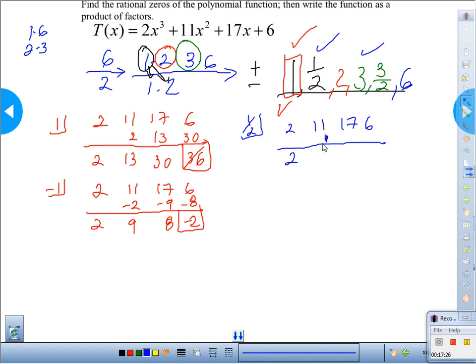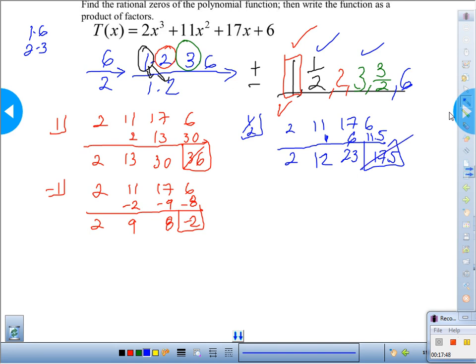Combine these, that's 12. What is half of 12? 6. Combine, that's 23. What is half of 23? 11.5. And combine that, that's 17.5. This is not a 0, so nope.